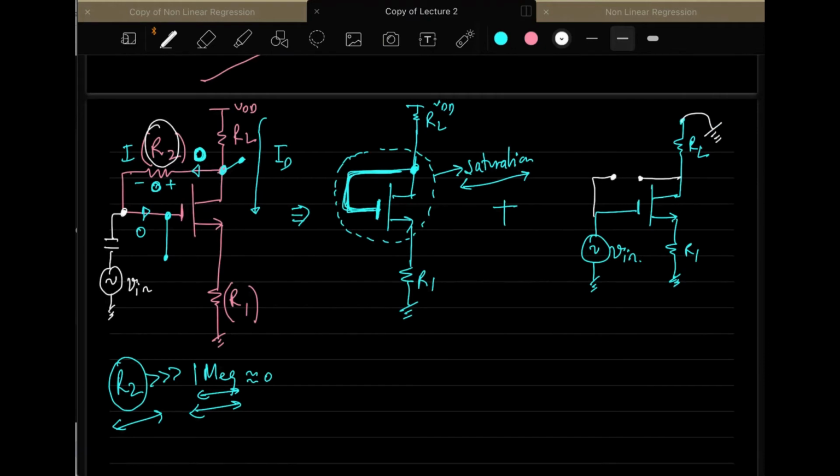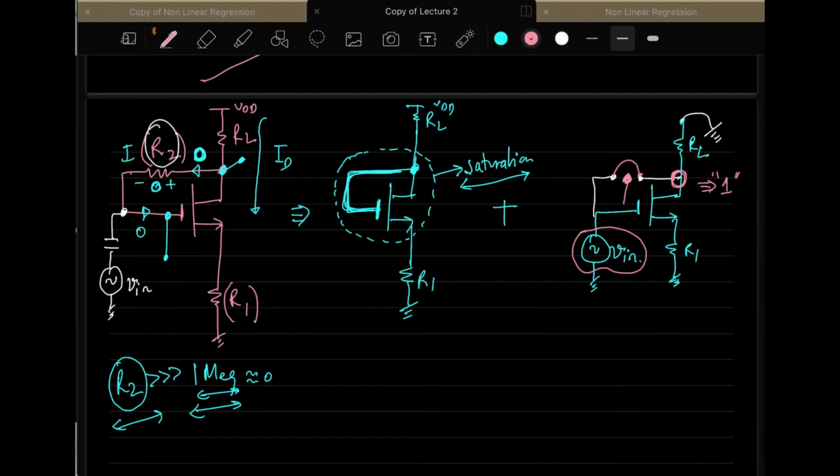In the earlier case, if R2 was small, then this would be connected to this, and whatever voltage you apply here, the same voltage will be at this point, so your gain will be 1. So it's not amplifying. In order to amplify it, you want this part to become open circuit. That's why we want the resistor implemented with a very high value.